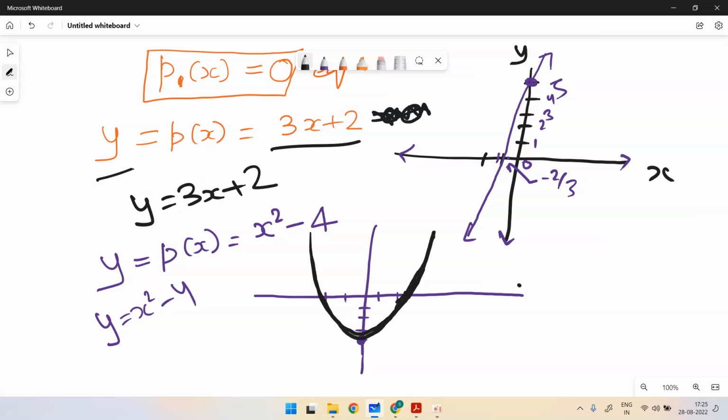It passes through the x-axis and y-axis at 1, 2, minus 2, and minus 4. Looks like this. So if I equate x square minus 4 equal to 0, then the x value is plus minus 2. Equating the polynomial to 0, you will get this one.